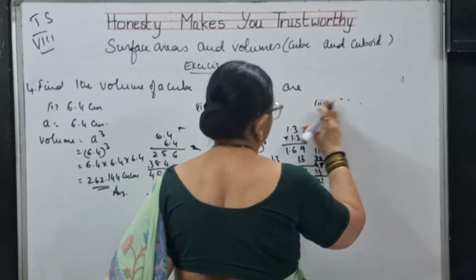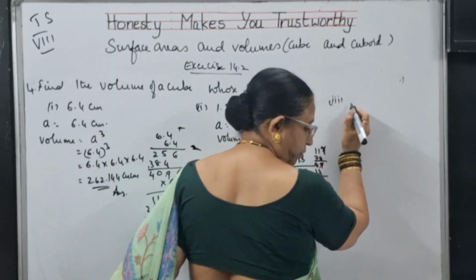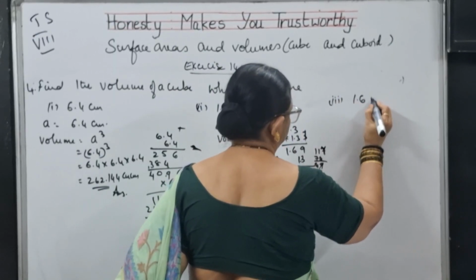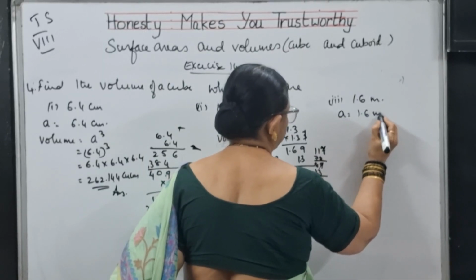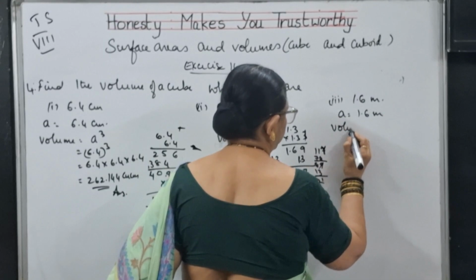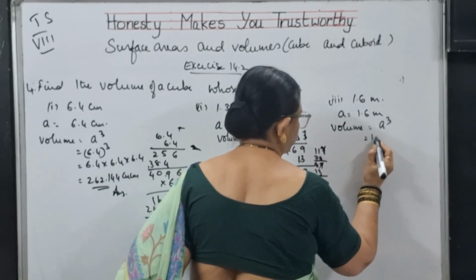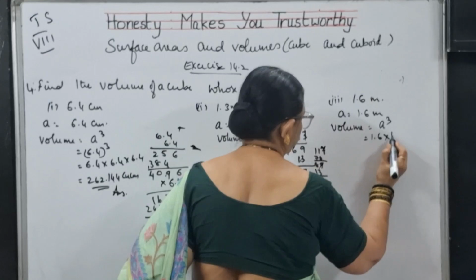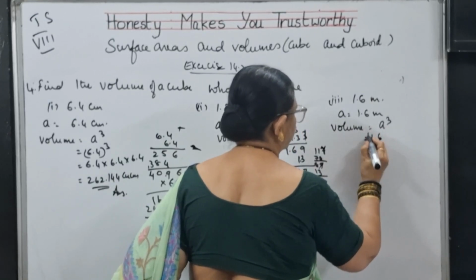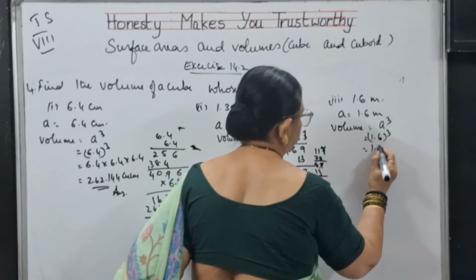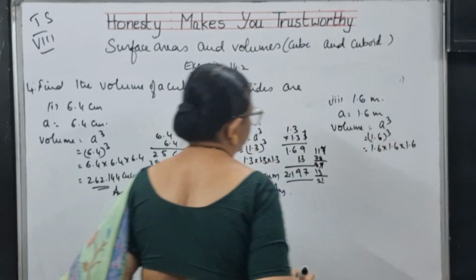So the third one I will write a little on this side. A is equal to 1.6 meters. Volume is equal to A cube, that is 1.6 whole cube, 1.6 into 1.6 into 1.6.